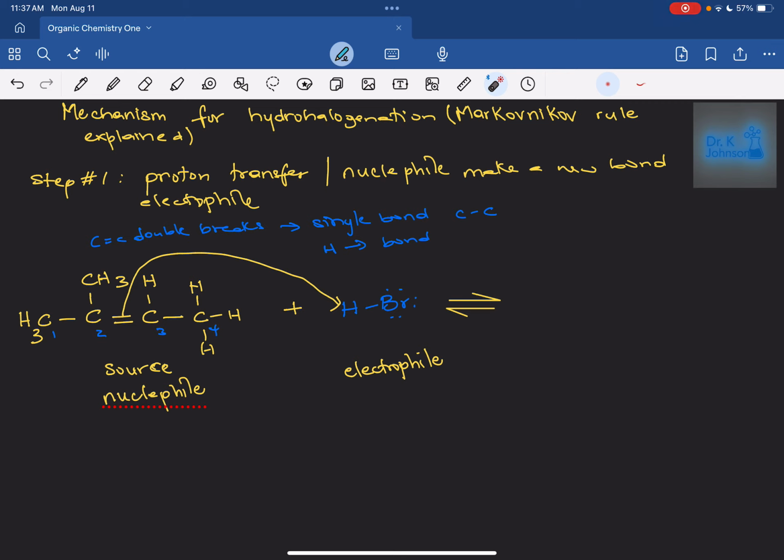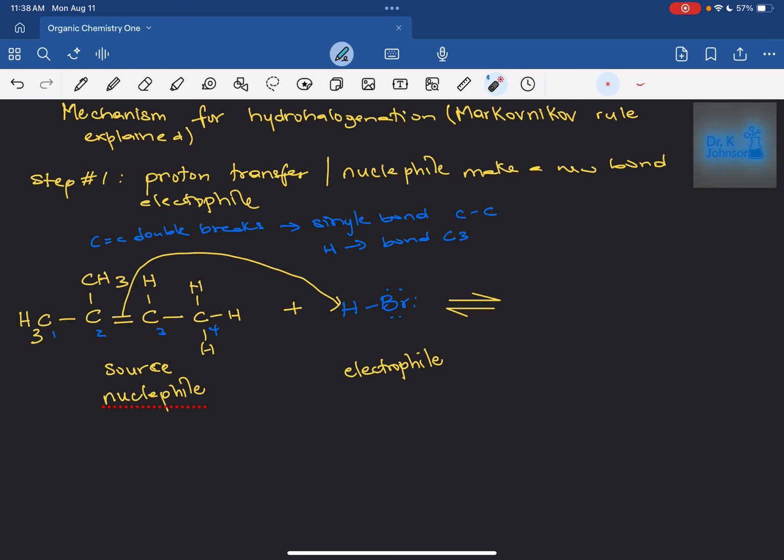Markovnikov's rule states that your hydrogen will add to the carbon of the carbon-carbon double bond with the most hydrogens, okay? So your hydrogen will bond to carbon 3. So that's what this arrow here is telling me. The double bond is breaking, right, to become a single bond, and my blue hydrogen is adding to carbon number 3.